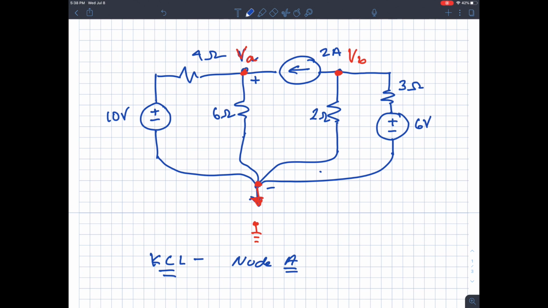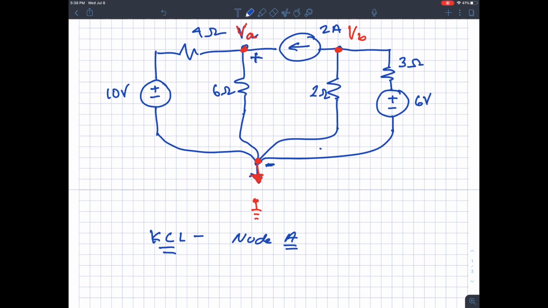If I took a voltmeter, connected the minus sign to this point and the plus sign to this point, it would read VA. Next I'm going to label the currents. I'm going to draw those in red. Here's a current, I1. Here's a current, I2. And here's a current, I3.